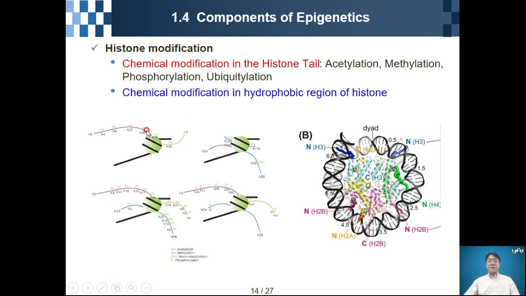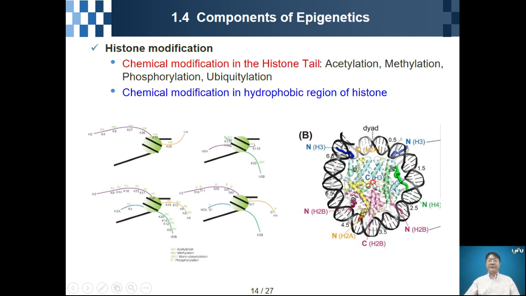So this is histone H3 and H4. This is H2A. This is H2B. It's like this. Usually nearly 99% of chemical modifications happen in the tail. But sometimes, just less than 1%, chemical modification also happens inside the hydrophobic region of the histone.